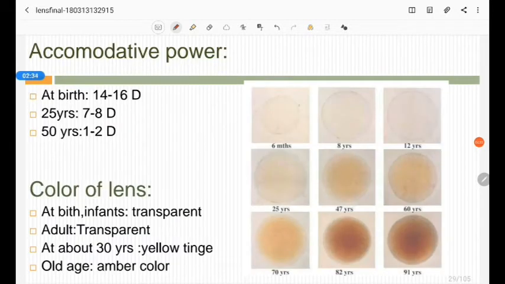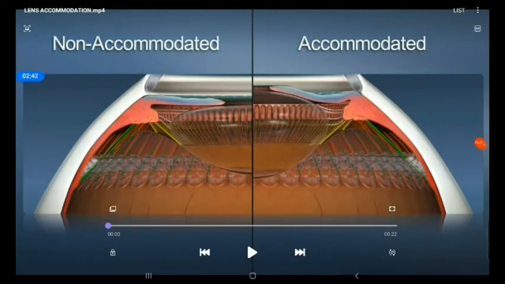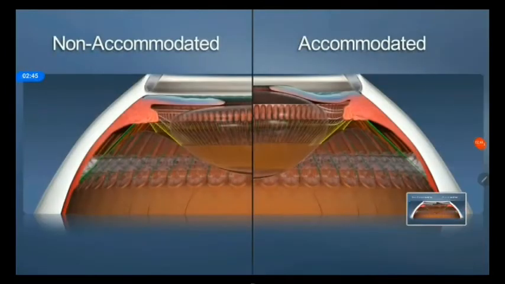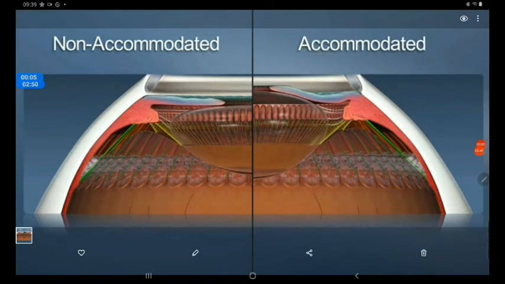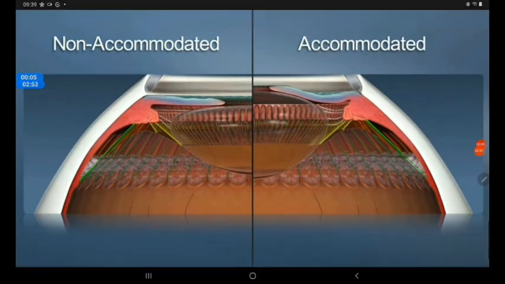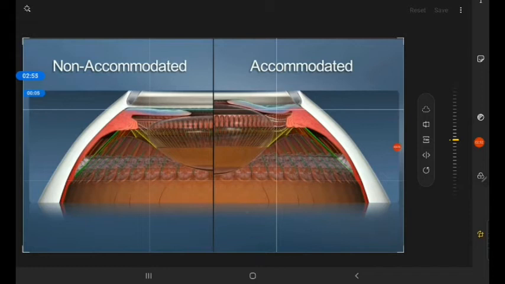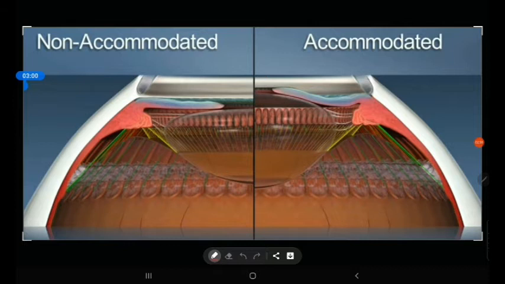With regard to the accommodative power of the lens, this is the non-accommodated state. With regard to accommodation, you should know that when the lens is getting focused to a distant object, it is in a relaxed state.